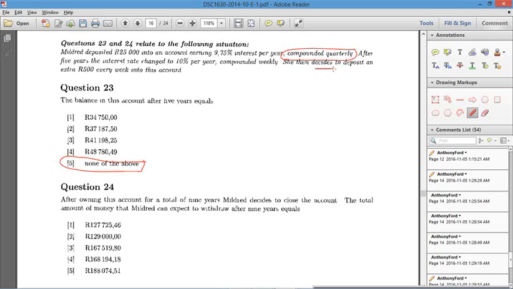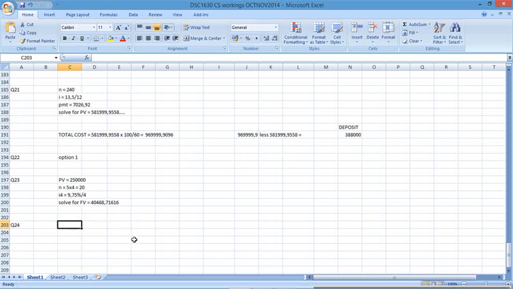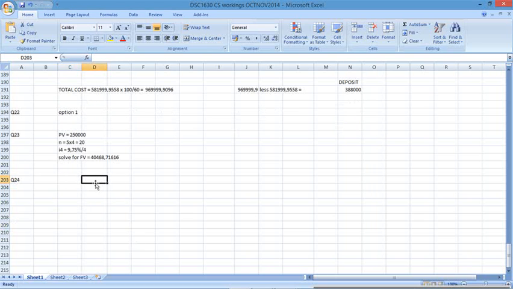So she decides to deposit an extra 500 every week into this account. Okay, so do you agree there's going to be two things here? There's going to be an amount that she currently has, which is this amount.